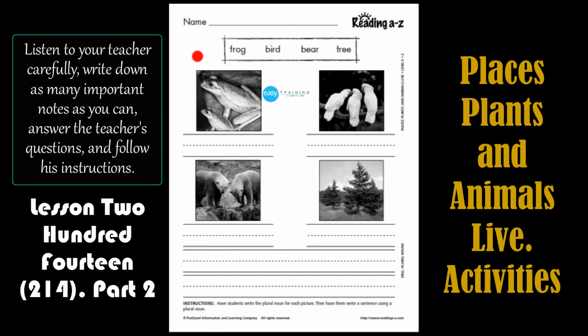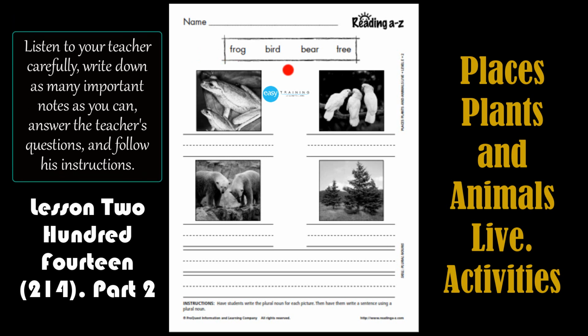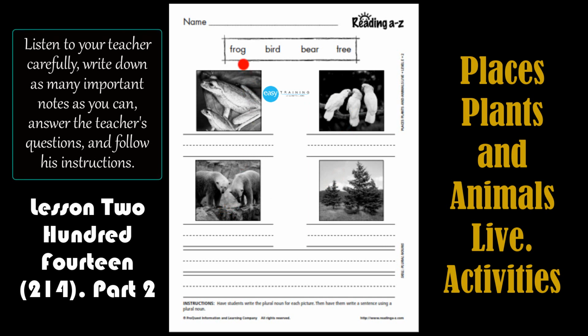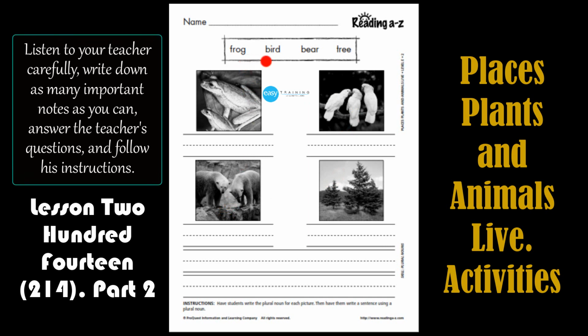This activity, the third and last, is about words in the plural form. These words name the pictures here below. Each of them is a noun, and in this box we see the singular form of the noun.